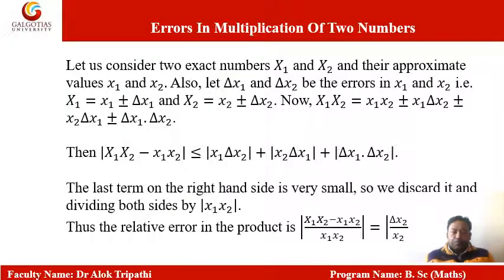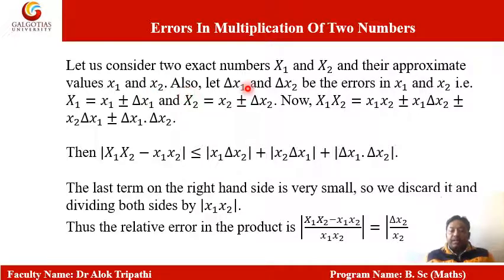Okay, now see error in multiplication of two numbers. In our earlier slides, we have seen the error in addition and subtraction. Now we'll see the error in multiplication of two numbers. So let us consider two exact numbers, capital X1 and X2, and their approximate values are small x1 and small x2 again.